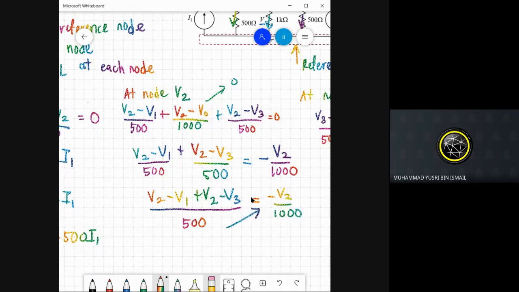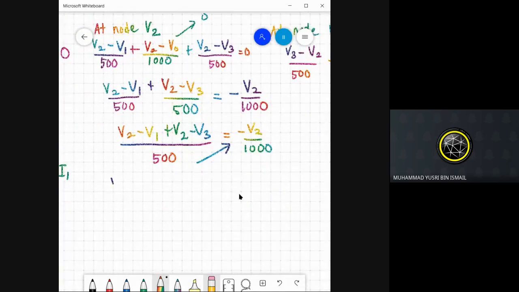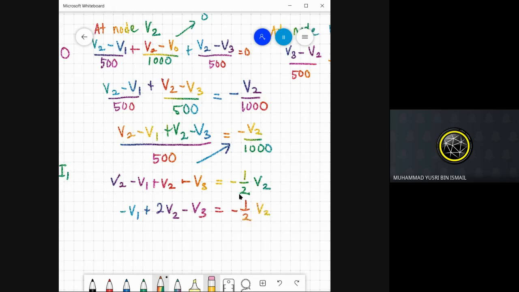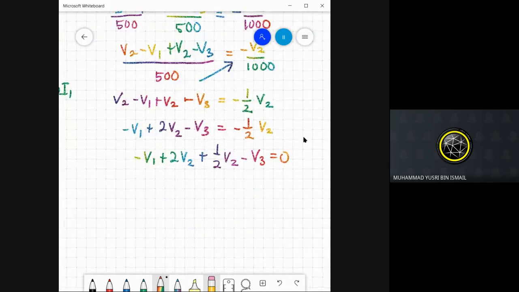Okay, this will be V2 minus V3 equal to 0.